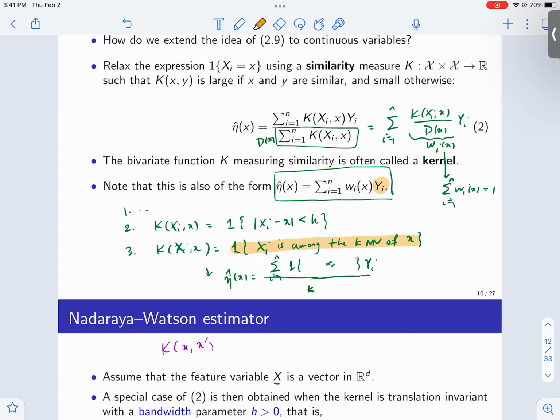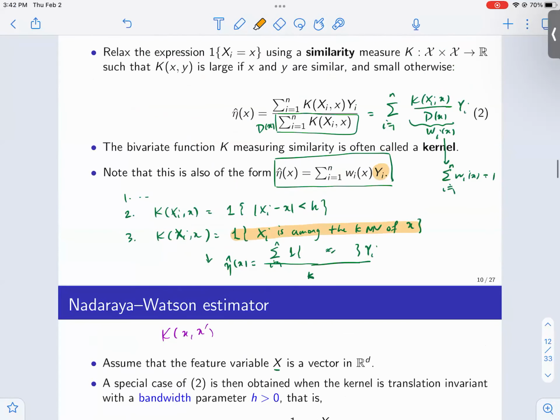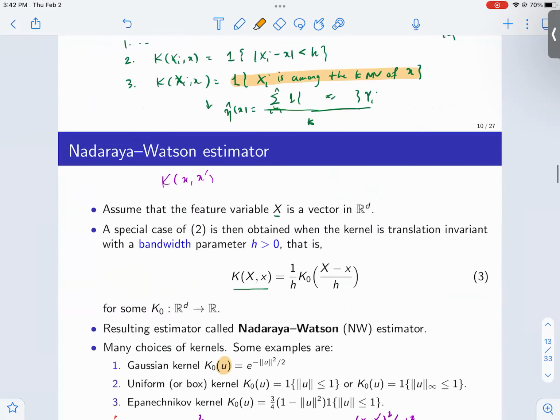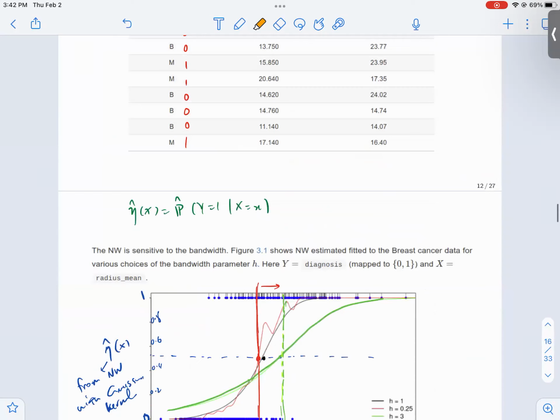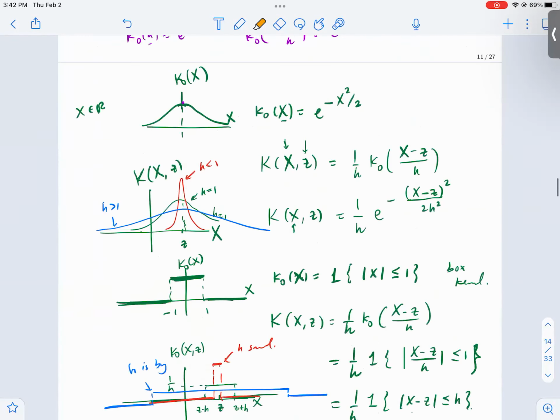In the case of Nadaraya-Watson, they are these translation invariant kernels, but there are a lot of choices for them. We actually talked about k-nearest neighbor as an example of this with a particular similarity. Today we're going to talk about partitioning estimators as well. It gives you a very simple way of constructing these regression functions. So we're going to add one more name here. This is called non-parametric.